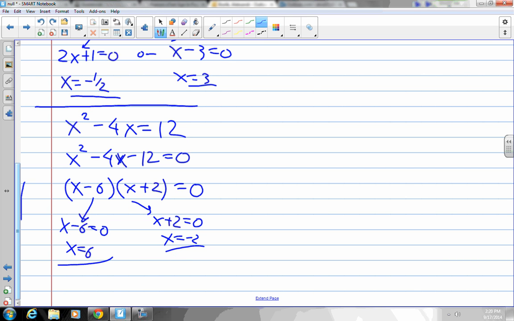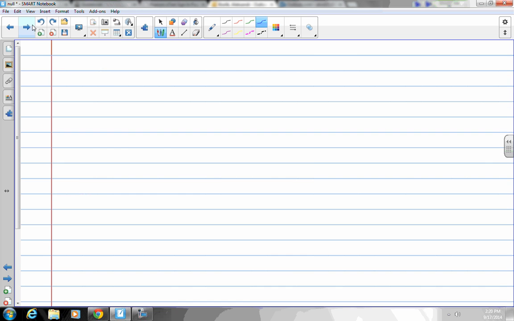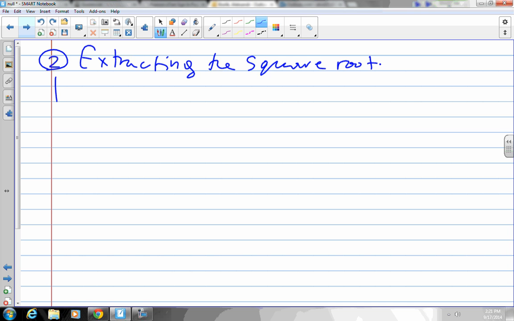Questions on the theory? We're good? All right, so the second technique, let's call it extracting the square root. The idea there, if you have something squared equals a number, so you have one big square, whatever's inside the square is irrelevant.